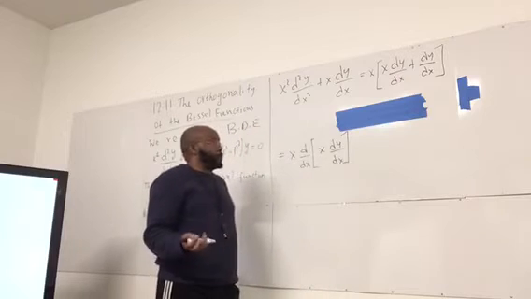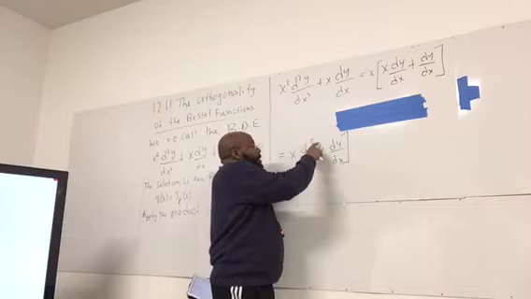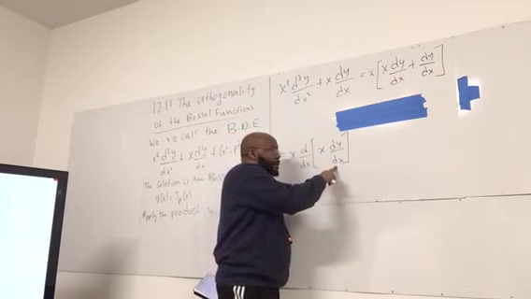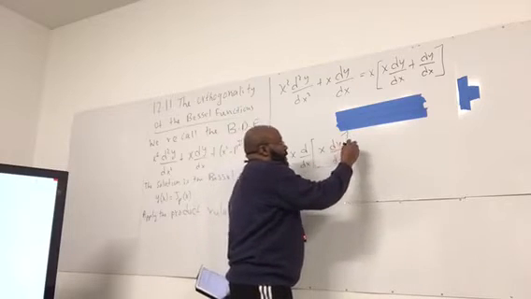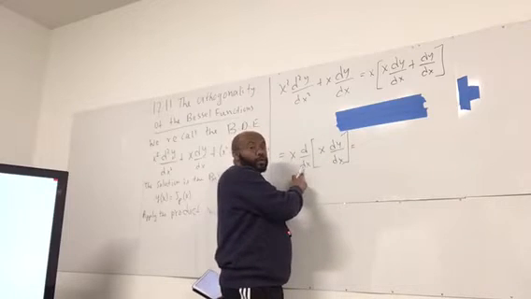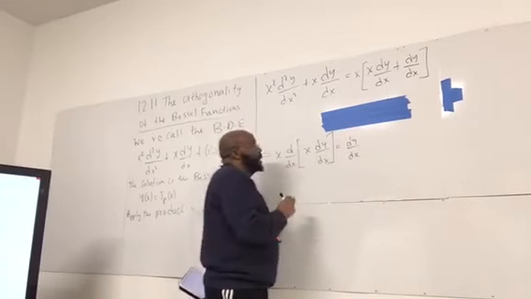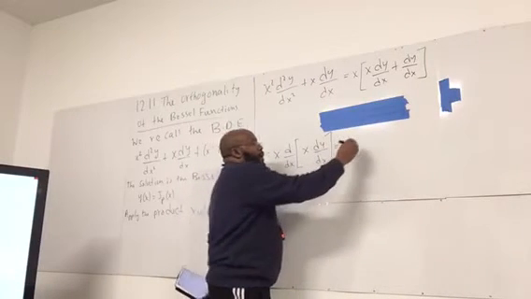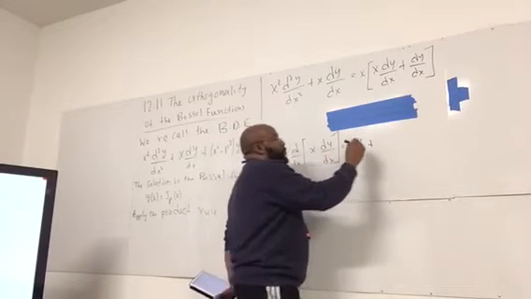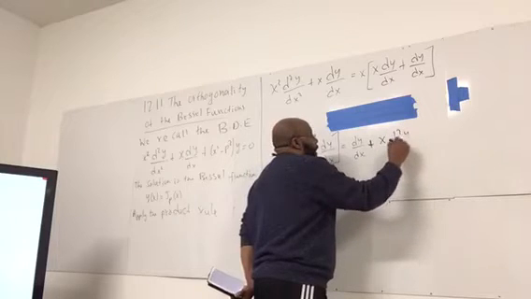According to the product rule, if you expand this, it means the derivative of x with respect to x times dy by dx, so the derivative of x with respect to x is 1, so you have dy by dx, plus x times d squared y by dx squared.